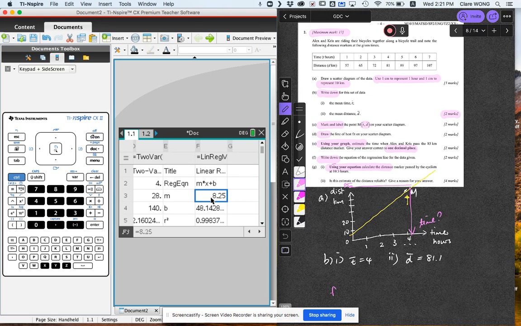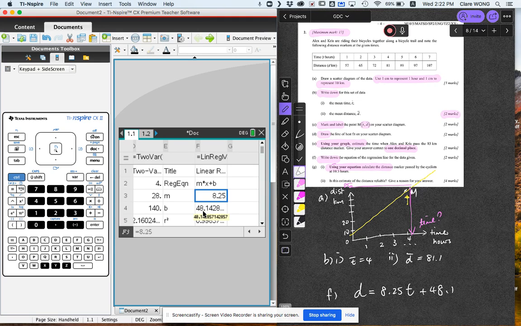So your part F should be written as y, no, sorry, not y, because it's supposed to be according to D and T. So make sure you use that. D is equal to 8.25 T plus 48.1. There, 48.1.